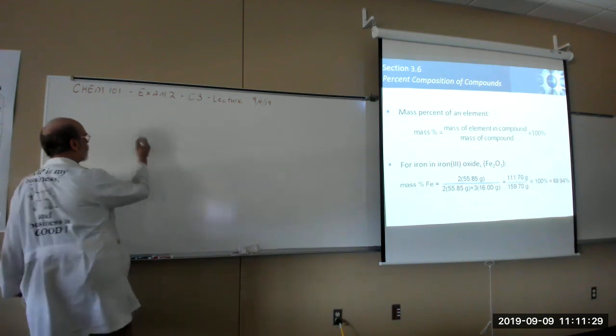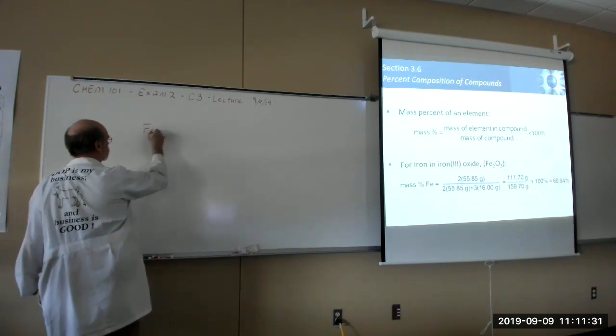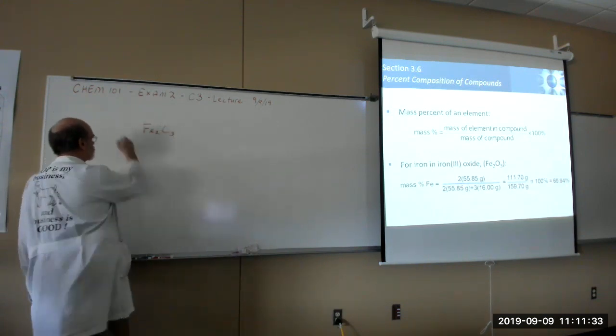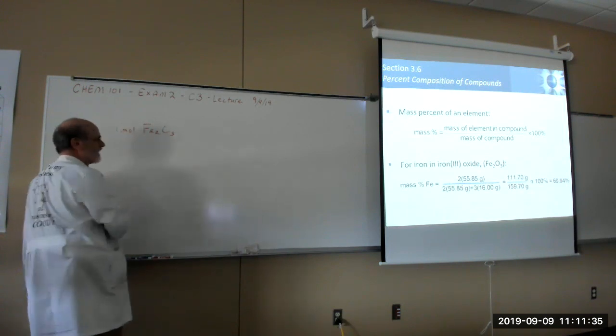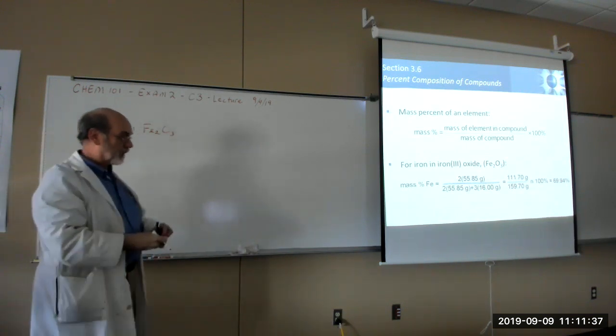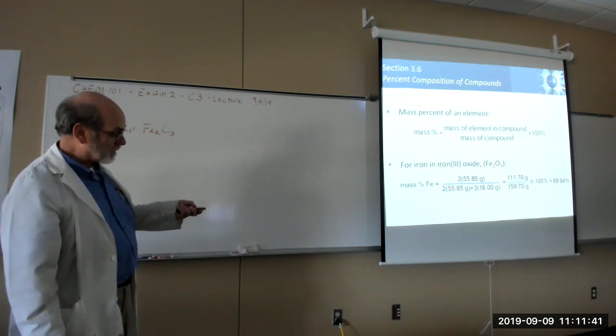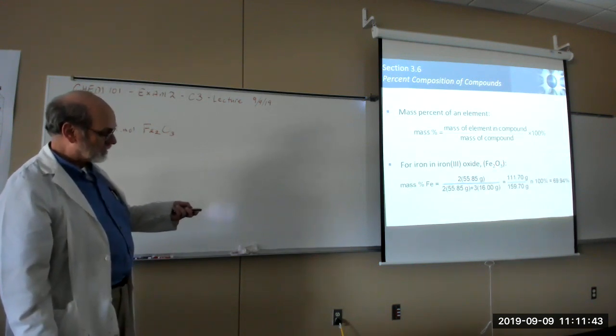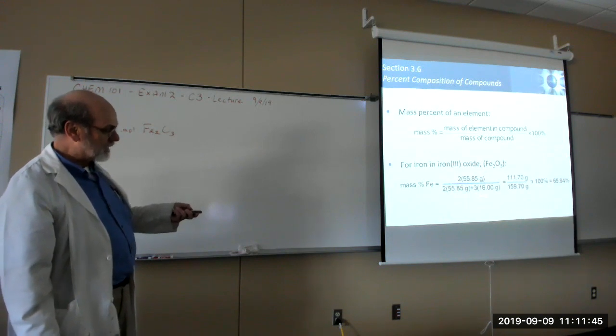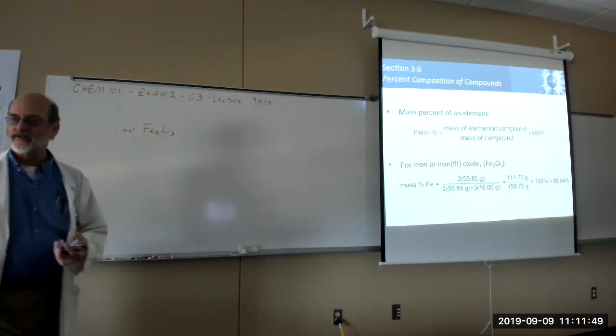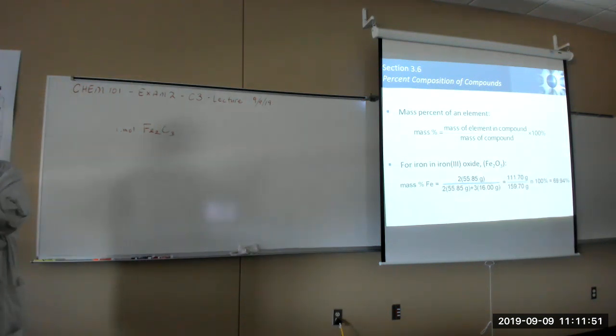Right? So if we have a mole of this compound, say 1 mole, how much will it weigh? Well, it's going to have 2 irons right here, right? 2 irons, grams per mole. It's going to have 3 oxygens right there, right? So that's 1 mole is that total mass.